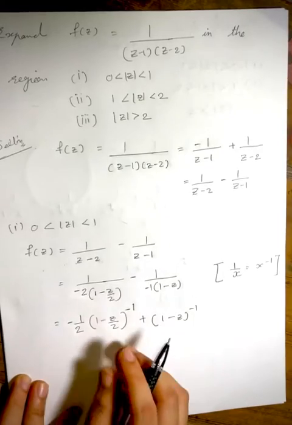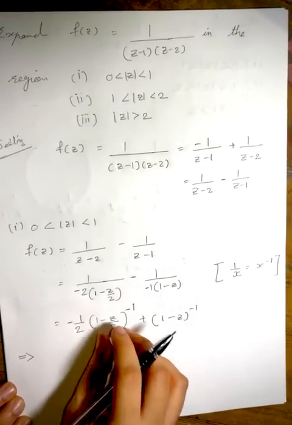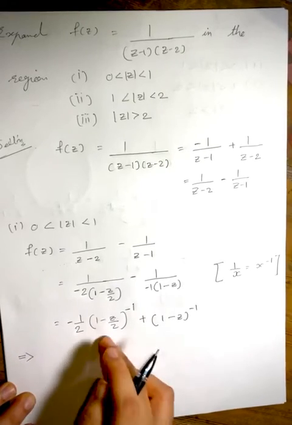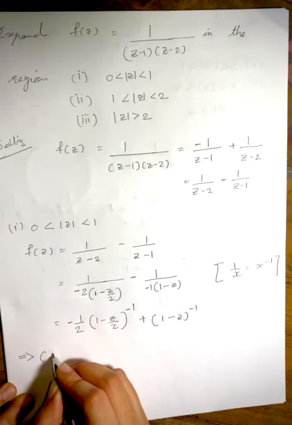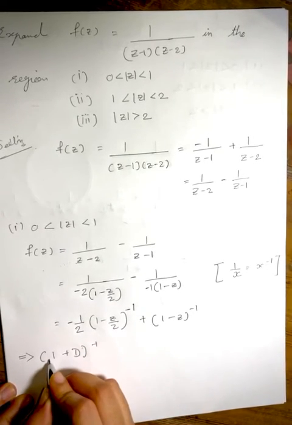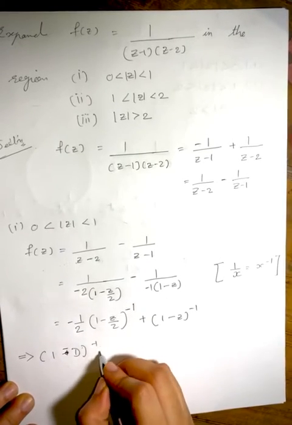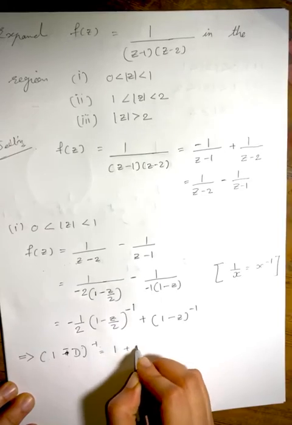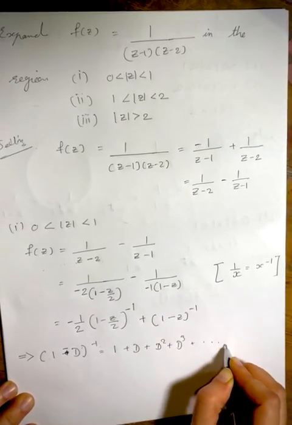Now we have this, and we'll use the binomial expansion to expand these two into series. And the formula says that when you have (1 minus d) to the minus 1, the result is 1 plus d plus d square plus d cube and so on.